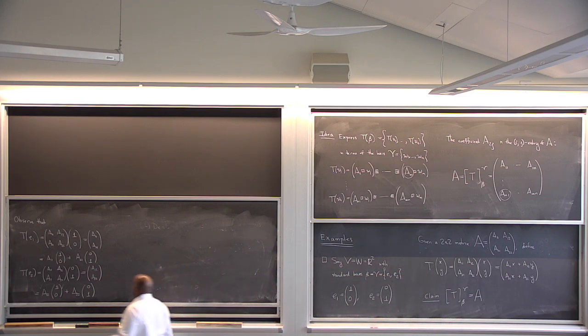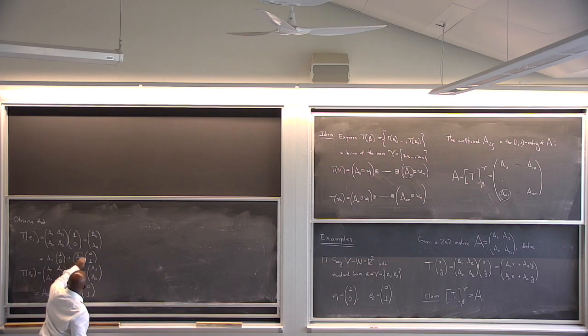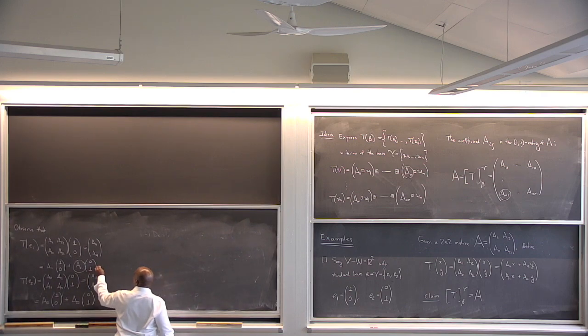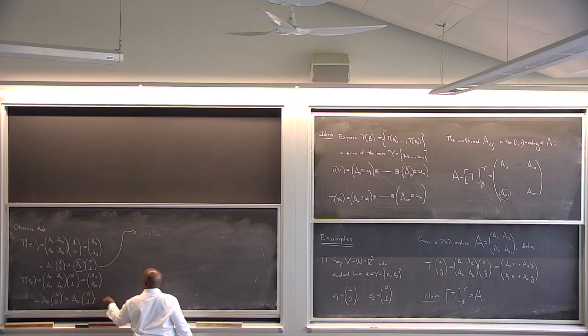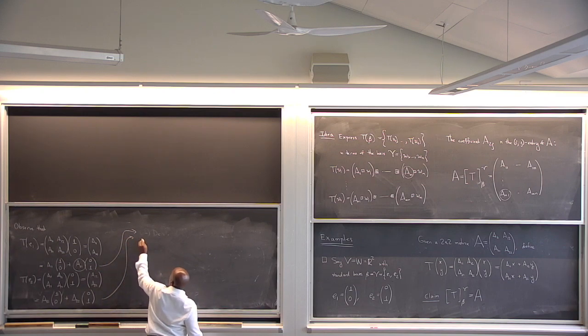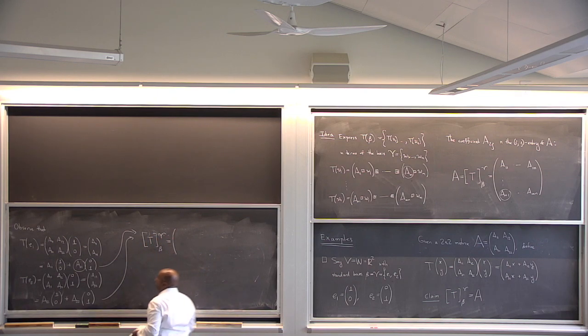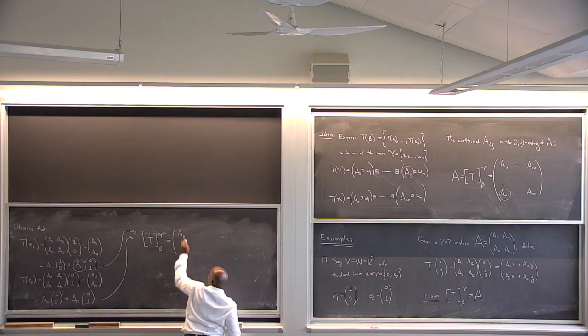Now remember what I mentioned before. This entry here should go into the lower left-hand corner. So putting these two together, then we see that the matrix we care about, well, A1,1 still goes up here at the top.